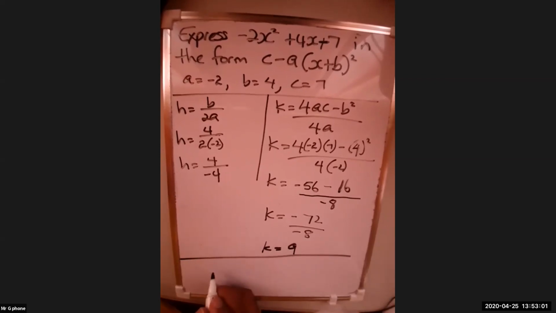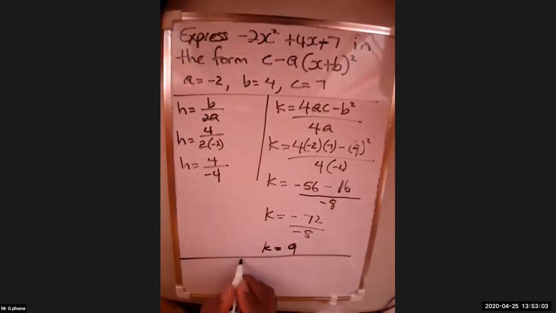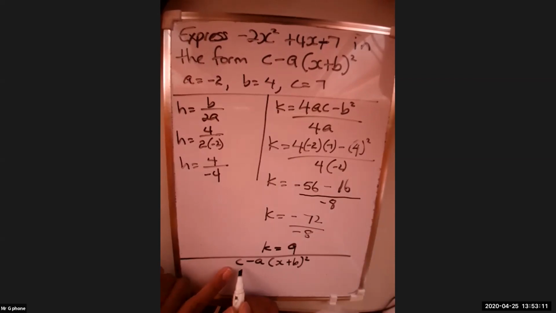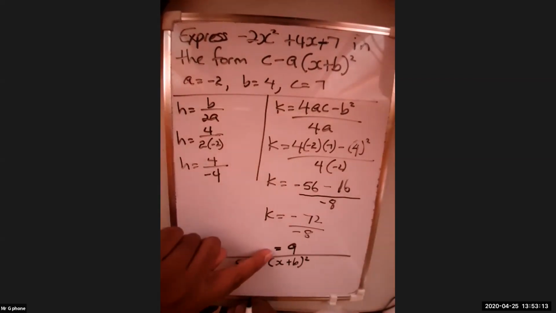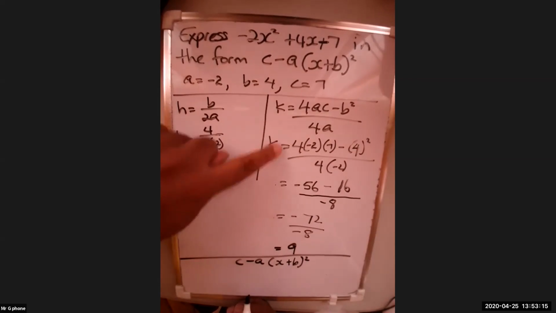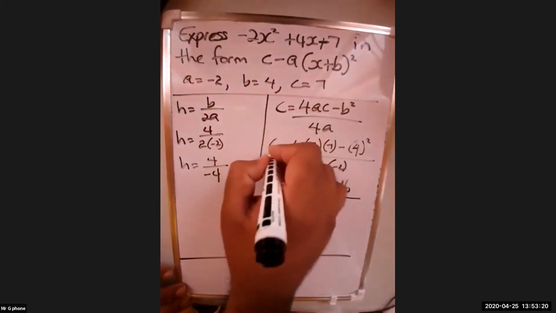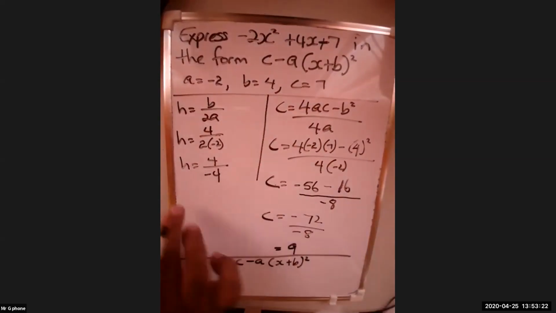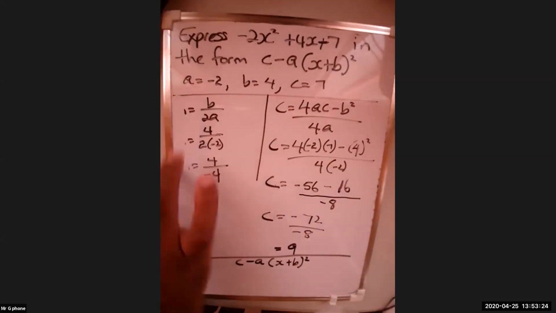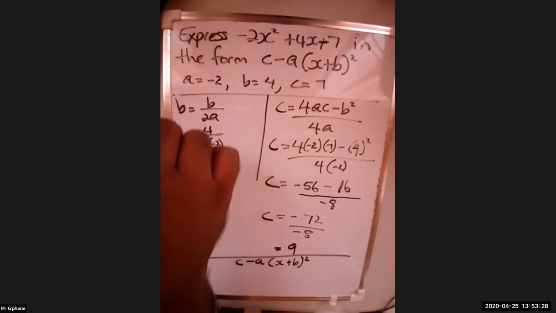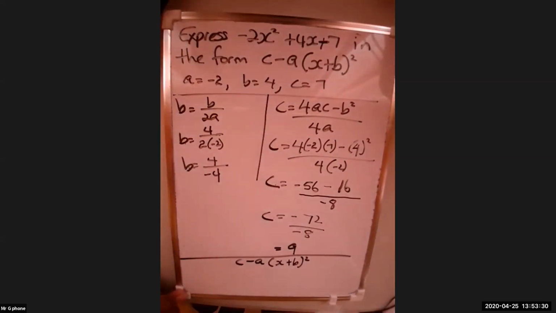Okay, so we have to get it in this form now. C minus A into X plus B squared. So what is the value of C? Oh gosh, it's not supposed to be K, eh? It's supposed to be C. My apologies. And this is not supposed to be H. This is supposed to be B. I apologize about that.